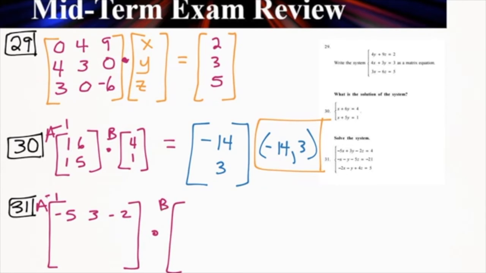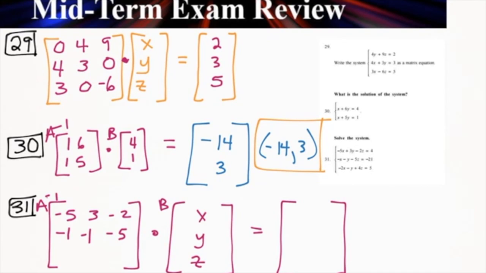So this is going to be my B, so that I can just go ahead and write the answer for you right here. So we've got negative 1, negative 1, negative 5. Okay, this is my x, y, z. And then the last one is negative 2, negative 1, 4, and then the other matrix for the B.